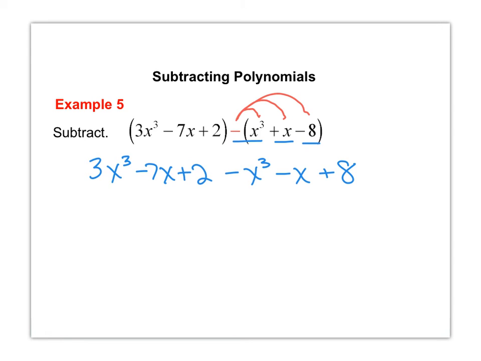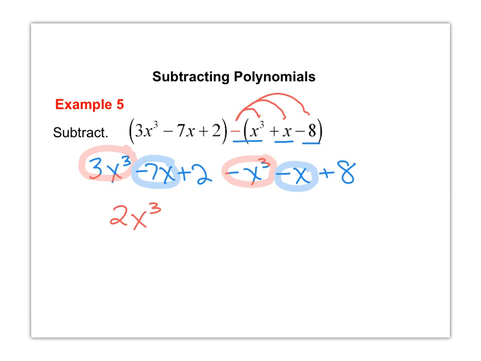And then we can combine like terms. First we'll combine the cubed terms. These both have the same power of 3, so we can combine those to get 3x cubed minus an x cubed gives us 2x cubed. And then we can combine the linear terms, the minus 7x with the minus x.